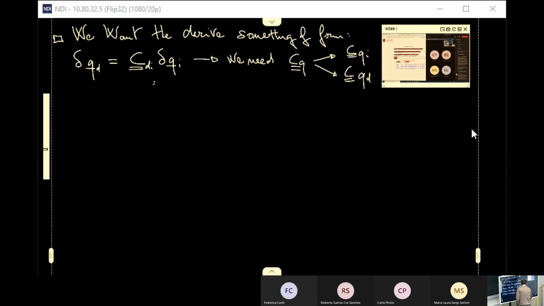The idea is, once I choose the independent coordinates, how can I get the dependent ones? To do so, we need to get this, and to get this, we need CDI, dependent, independent. We introduced it yesterday. I just wrote normally C, so it includes D and I both.